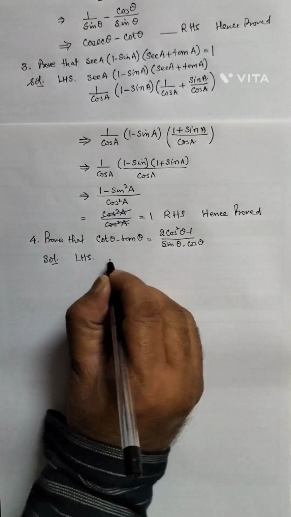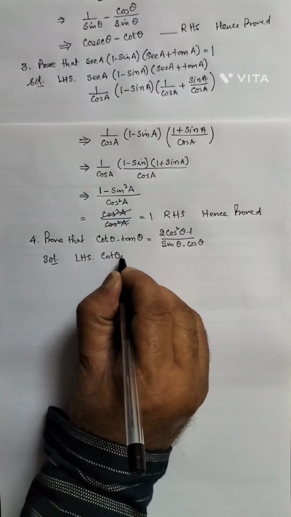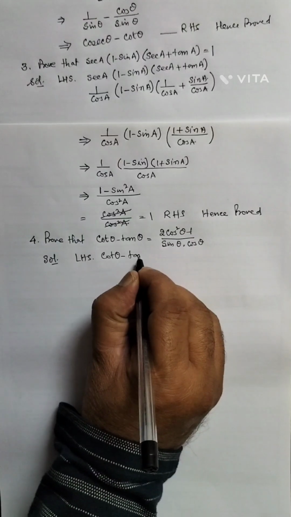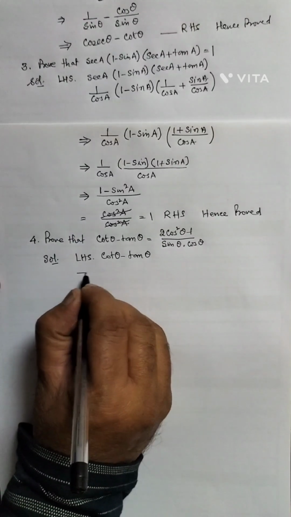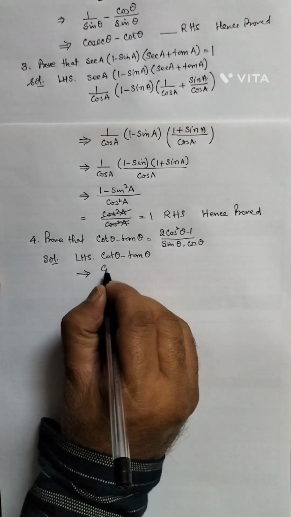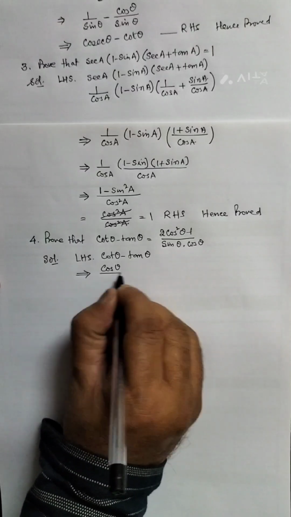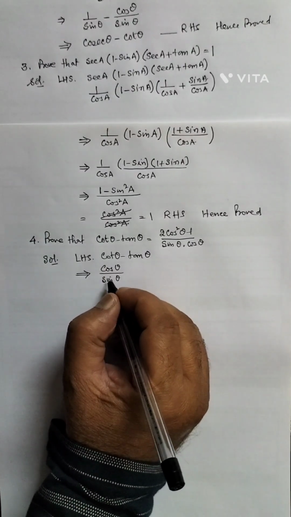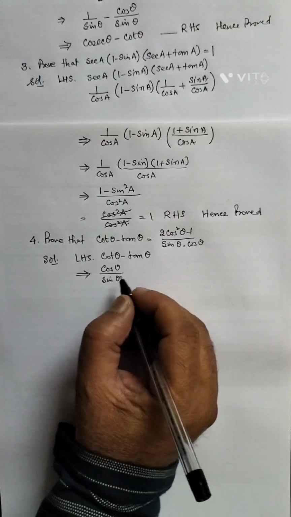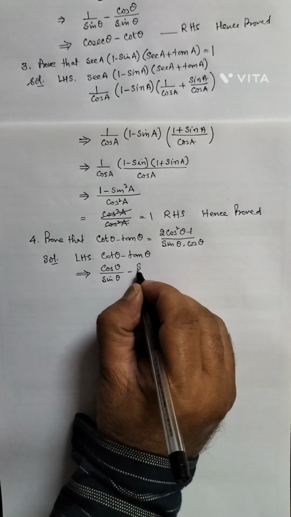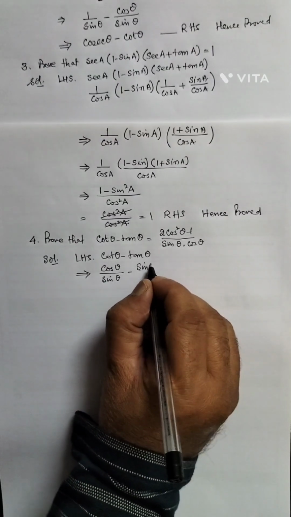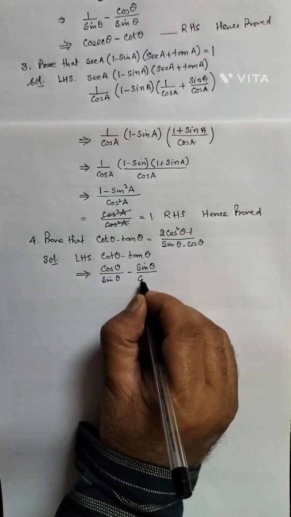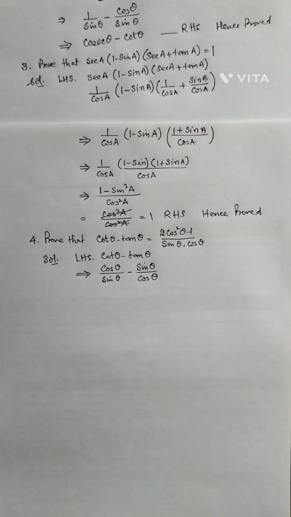Left hand side, which is cot theta minus tan theta. This can be written as cos theta upon sin theta. As we know, cot theta is cos theta upon sin theta, and tan theta is sin theta upon cos theta.